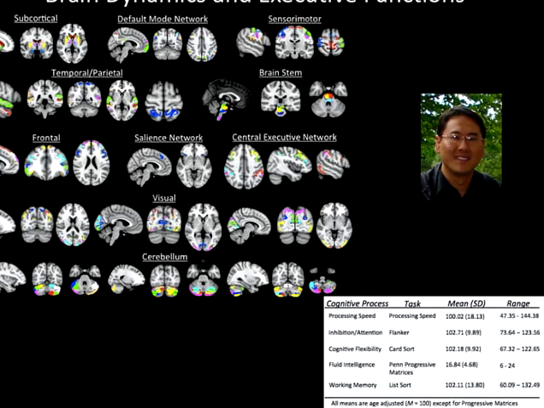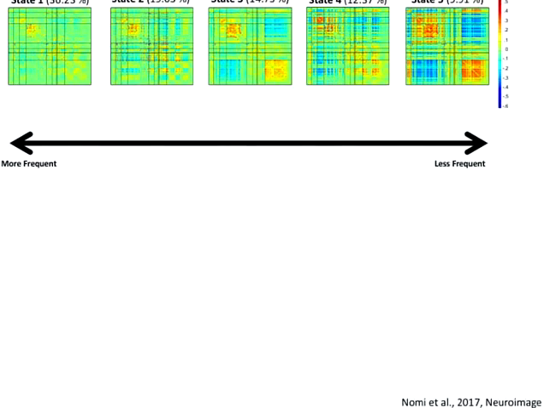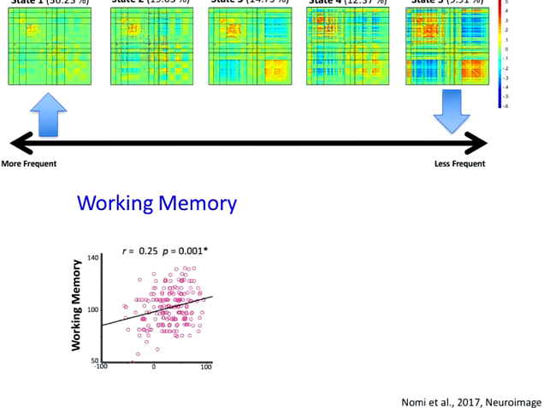Then he was interested in relating functional connectivity dynamics with individual differences across some different processes. Basically he used k-means clustering, got 5 different states, and found that individuals that had a greater frequency of occurrence of state 1 and less frequency of occurrence of state 5 actually showed higher working memory scores in the HCP data set.